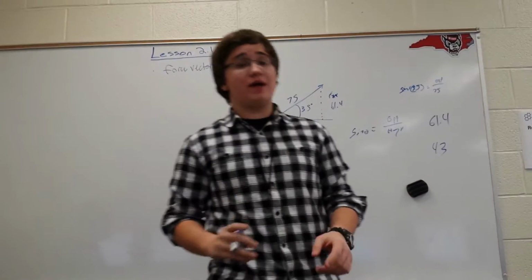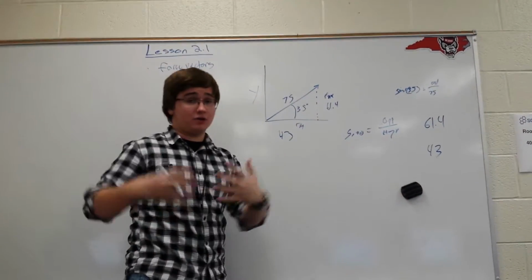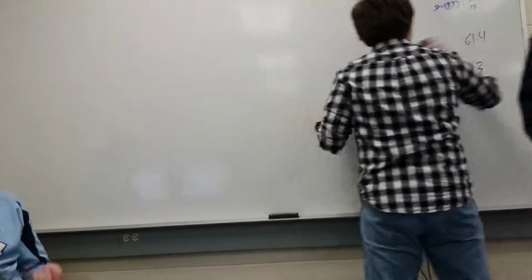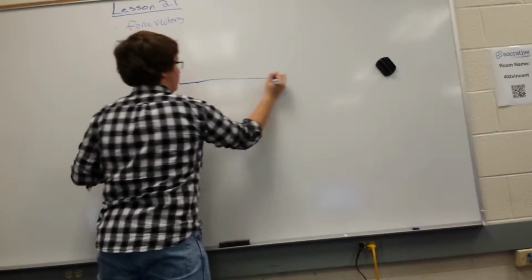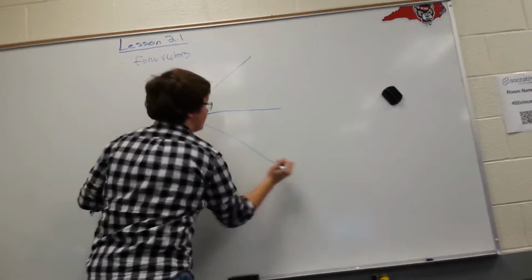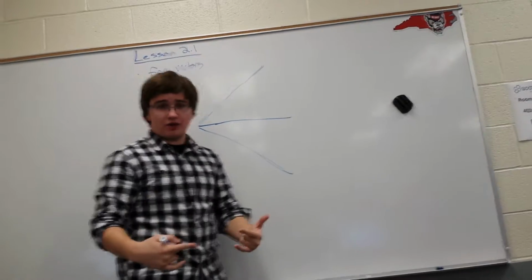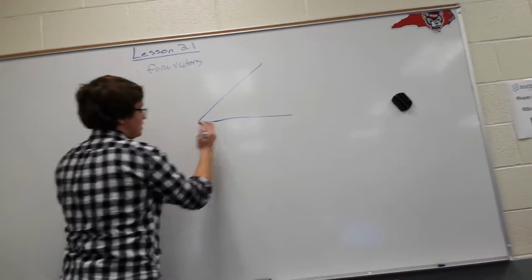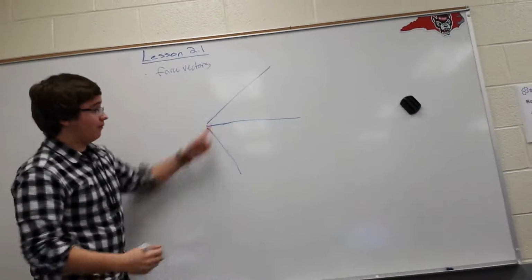So resultant forces. This all accumulates together to resultant forces. These are forces that are made when two vectors, such as this and this, pull away from each other or in the same way. So let's say this one is just a little deeper than that one.